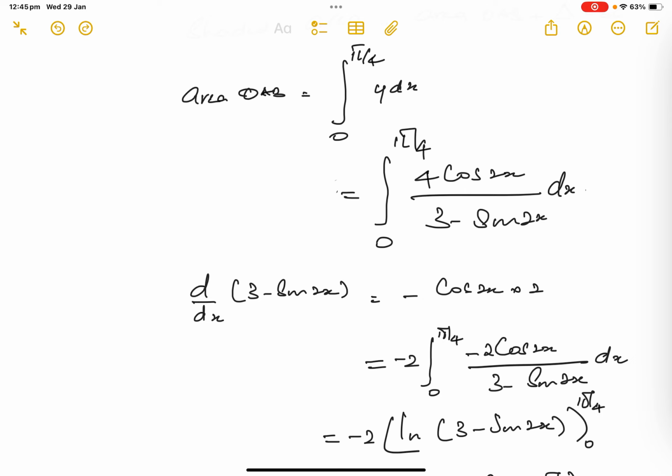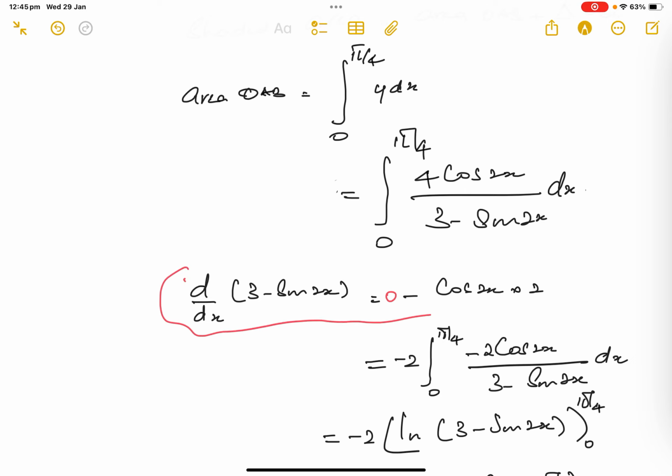If the numerator is the differentiation of the denominator, then the integral of that quotient is straightforward: ln. Let's take the denominator and differentiate. d/dx of 3 minus sine 2x: the differentiation of 3 is 0, and minus the differentiation of sine 2x is cos 2x times 2.